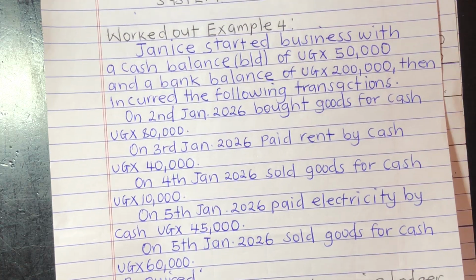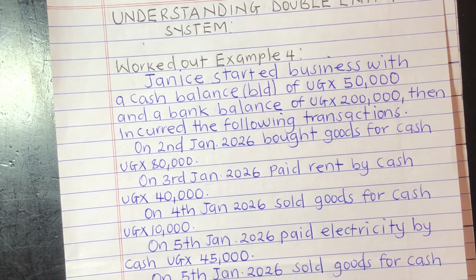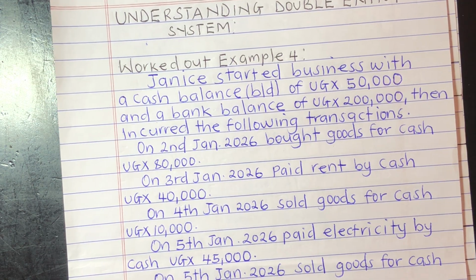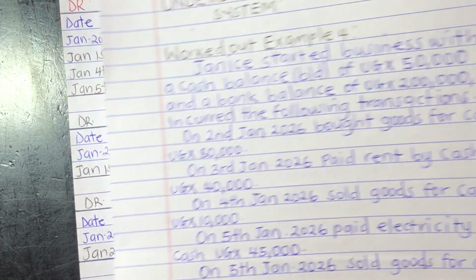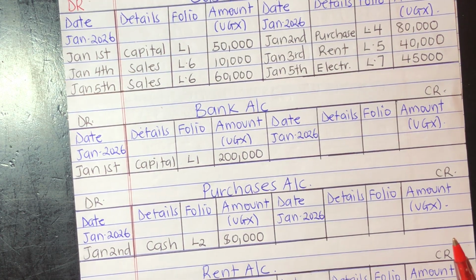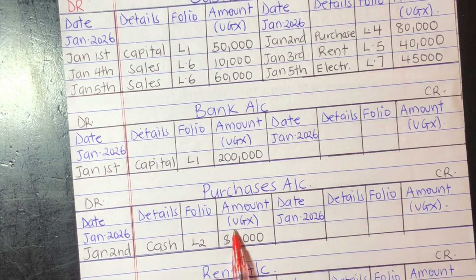On the 2nd of January 2026, bought goods for cash UGX 80,000. Bought goods for cash UGX 80,000. So if you buy goods for cash UGX 80,000, that is a purchase, and it is an expense. So we say that if an expense increases, we debit it, from our previous table.